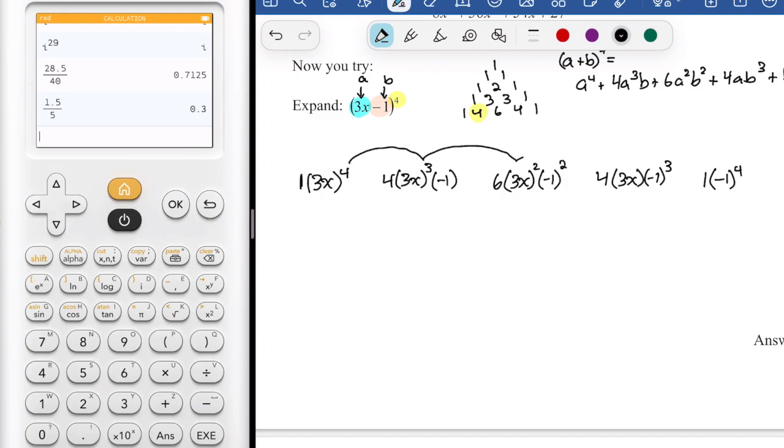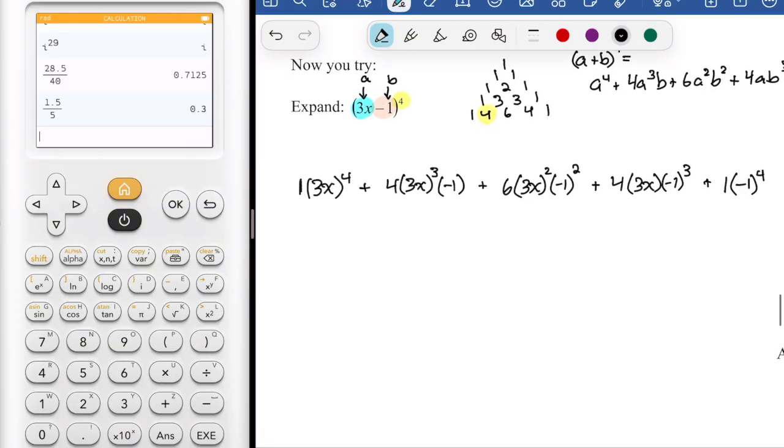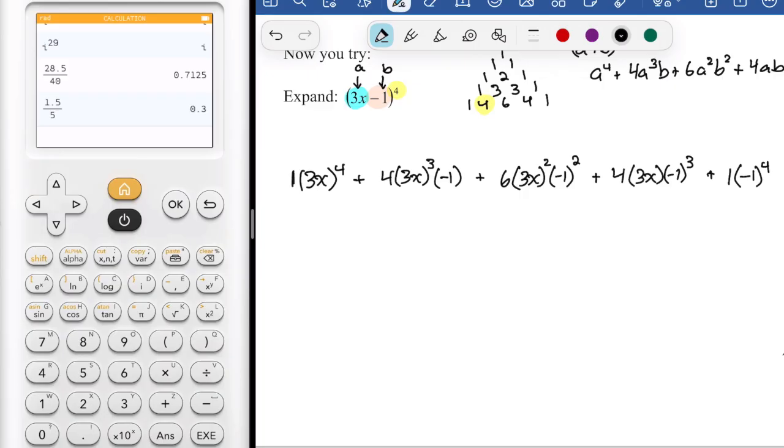So getting one smaller every step of the way until it disappears. The 4 becomes a 3, becomes a 2, becomes a 1, and then disappears. All right. Throw some plus signs in there. Any negative values will work themselves out through the calculation.